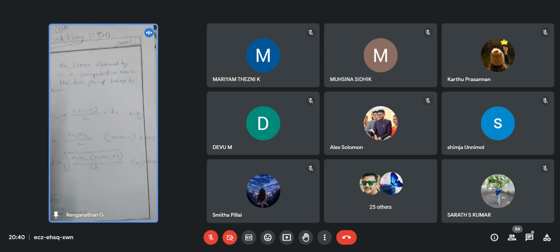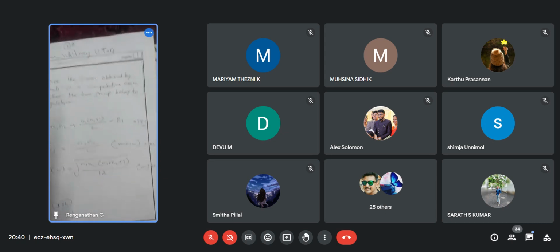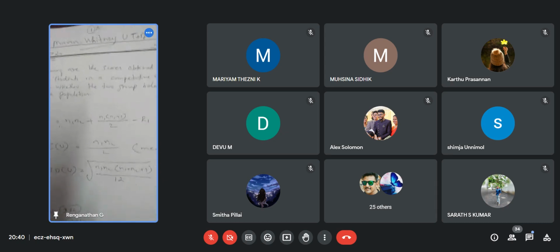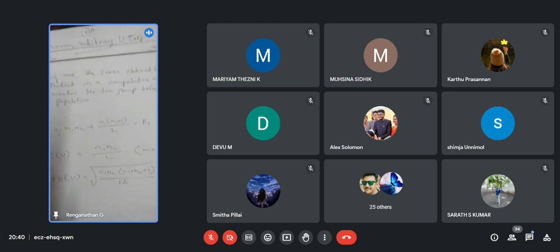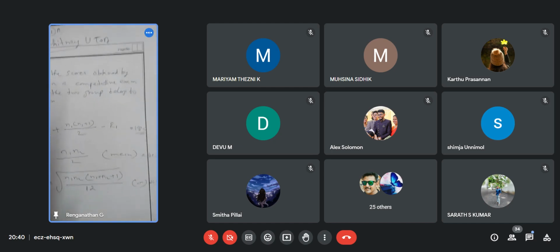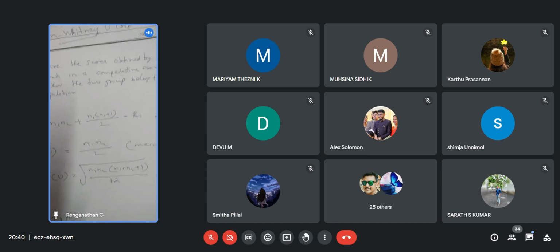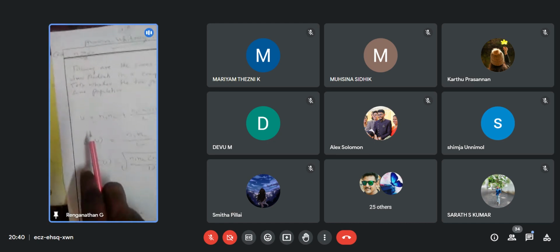Okay. That means, since the least total is coming to R1, we are considering R1 here. But if the least total is for R2, you have to consider R2 for calculating the U value. Then how will this formula change?